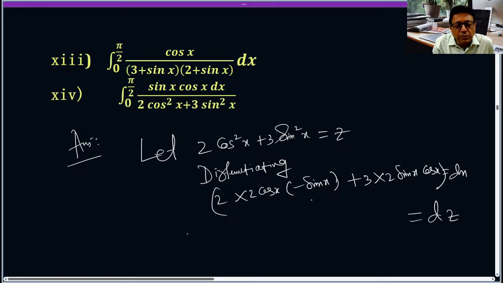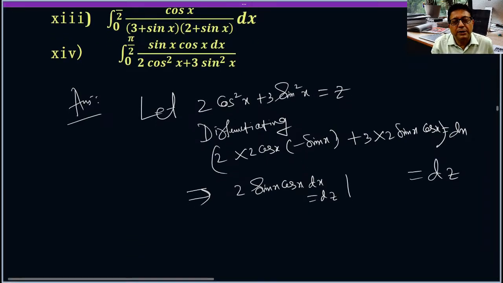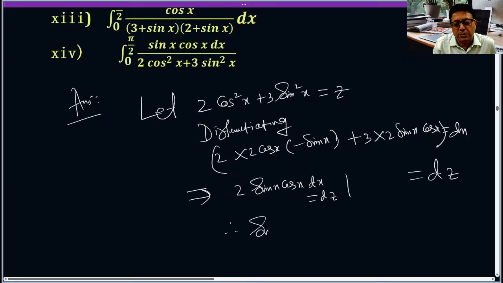So you take common now. This is what? 6 minus 4, that is 2 sin x cos x dx equal to dz. Therefore, sin x into cos x dx equal to dz by 2. Put it there.